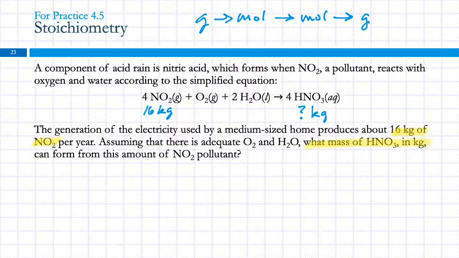One method, you would take your kilograms and convert to grams at the beginning, and you take your grams and convert back to kilograms at the end. That's very straightforward and less confusing, so some students prefer to do that. The other way I've done it is we just set aside the kilo.